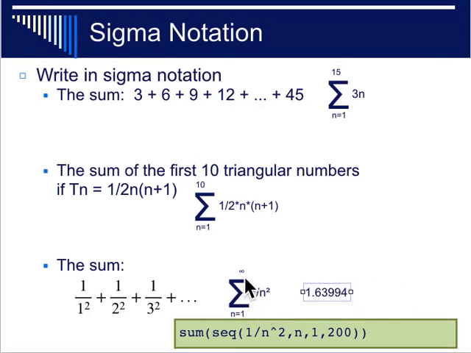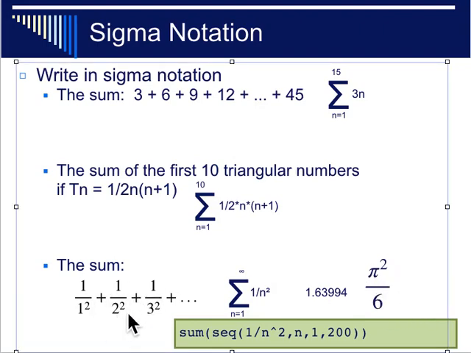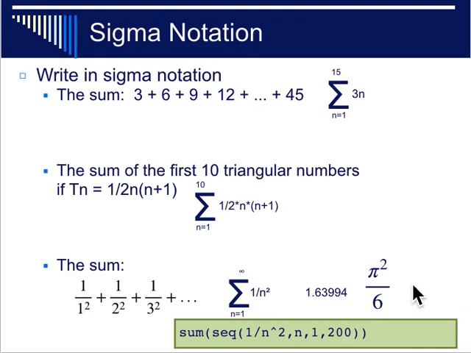If you actually go to infinity, you get a kind of an interesting result. You end up with this value, pi squared divided by 6. And so the fact that this weird formula happens to have pi squared over 6 as a result is kind of remarkable.